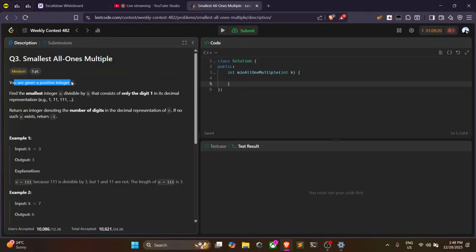So you are given a positive integer k and you need to find the smallest integer divisible by k that consists of only the digit 1. Okay, one second, let me just take some water.